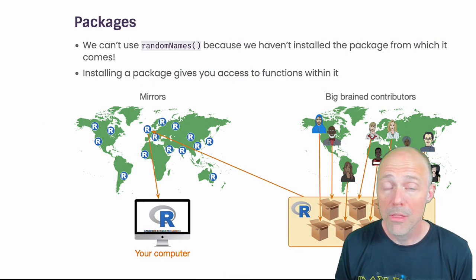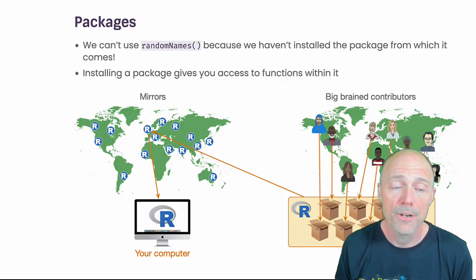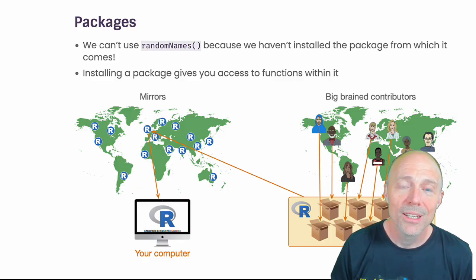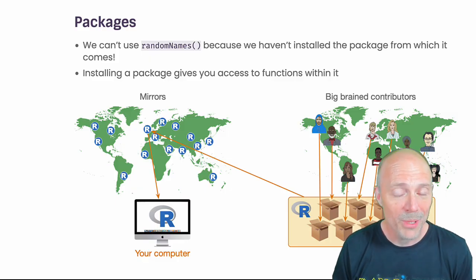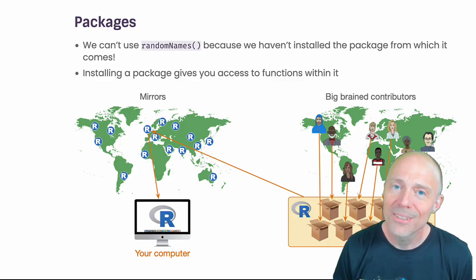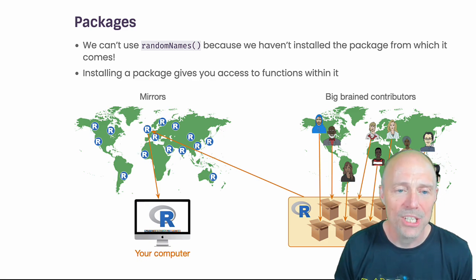So why is R throwing an error message at us and saying it can't find random names? The reason is because although R comes with a lot of functions built in, there is out in the world lots of other functions that are not built into R, but that we can use. And these functions are packaged together in, surprisingly, something called a package.